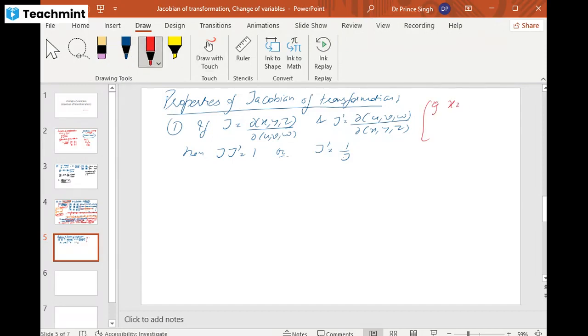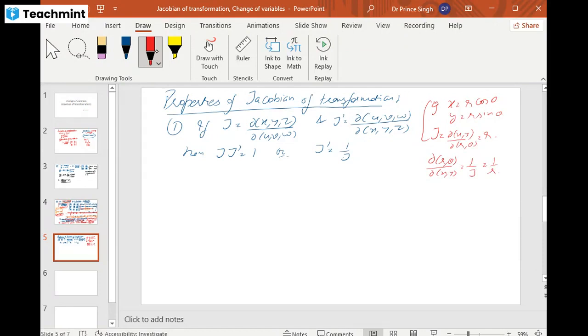For example, we are using x equal to r cos theta and y equal to r sin theta. This is the transformation we are using. And we have calculated the Jacobian of x, y with respect to r, theta, it comes out to be r. But suppose I want to find the Jacobian of r, theta with respect to x, y. Then what is the value? It is simply the reciprocal of J. So it is 1 upon r.